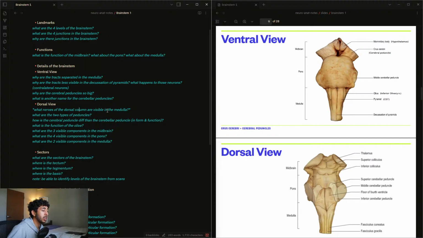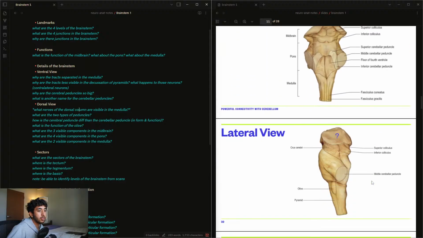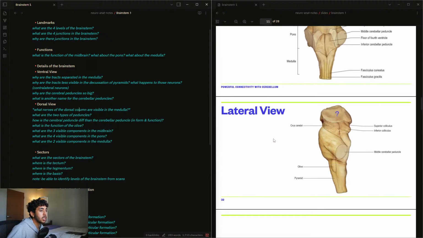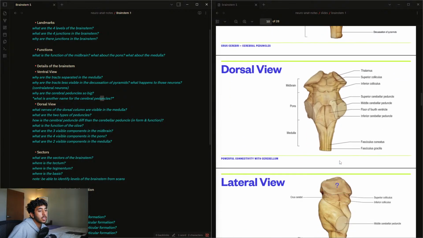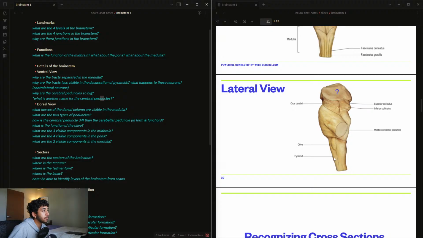It seems to have three: the superior, inferior, and medial cerebellar peduncle. Whereas the cerebral peduncle, also named the crus cerebri, it's just one or two, I guess you can see in the front.